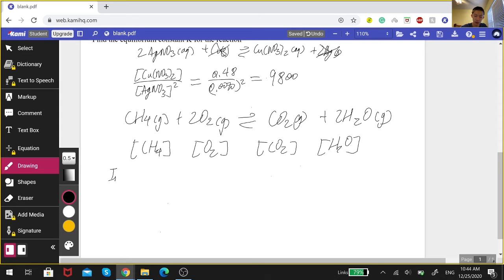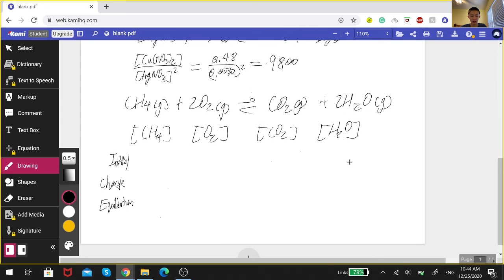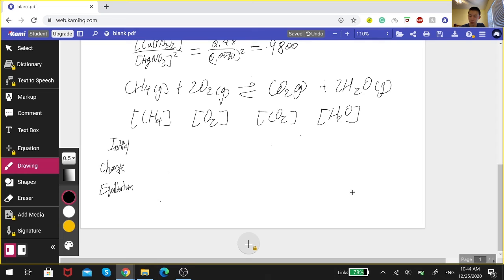Then we're going to write initial, change, and equilibrium. So first, let's write the expression for the equilibrium constant, right? The equilibrium constant will be products, which is CO2 times H2O raised to the second power because there are 2 moles, divided by reactants, which is CH4 times O2 squared.